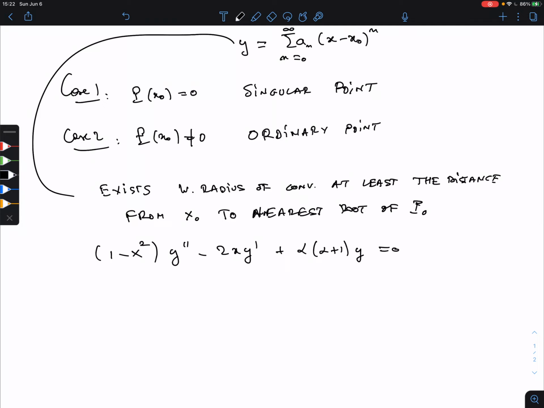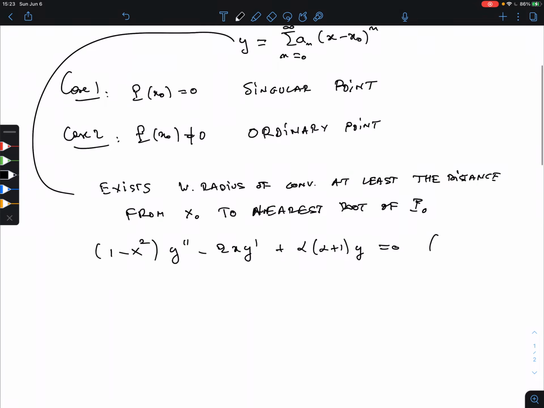It's a bit strange form, right? There's an alpha there, and the alpha is written in a strange form, but there is a reason for it, beyond the scope of this. This is called the Legendre equation with parameter alpha.